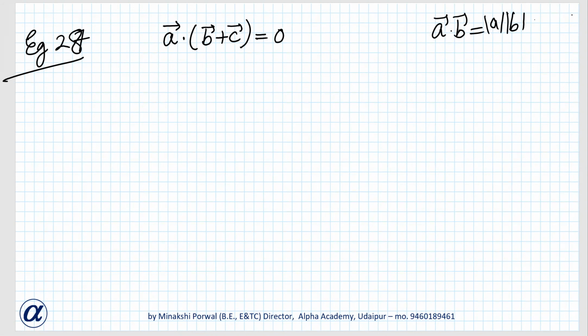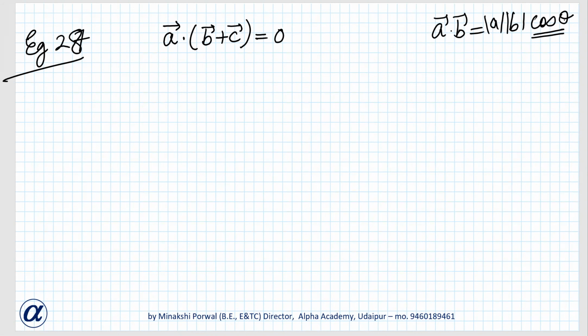Each one of them is perpendicular to the sum of the other two, meaning A dot (B plus C) equals 0. If two vectors are perpendicular, their dot product will be 0, because A dot B is magnitude of A, magnitude of B, cos theta.